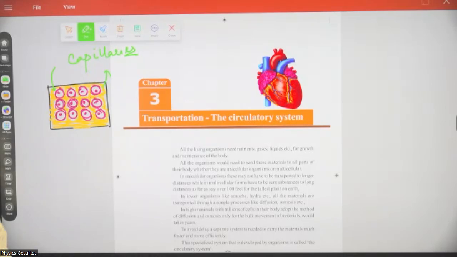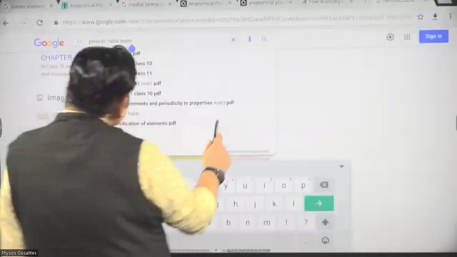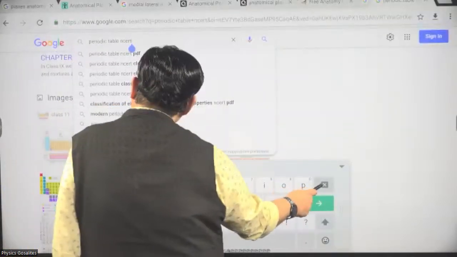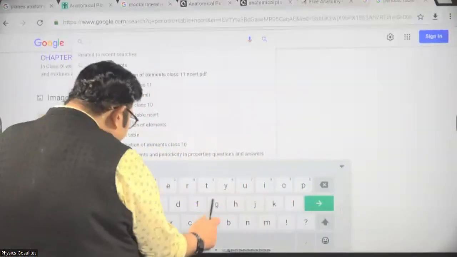Please understand a very, very important concept I am now telling you. If you can understand this concept, I think this whole class becomes successful.